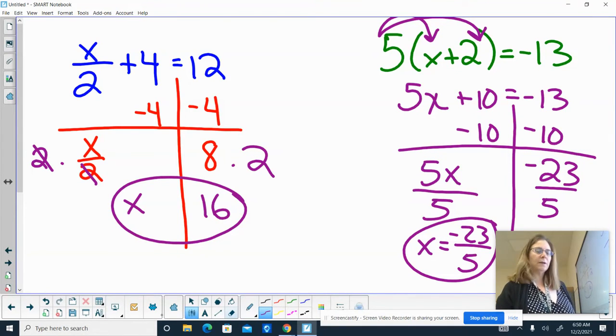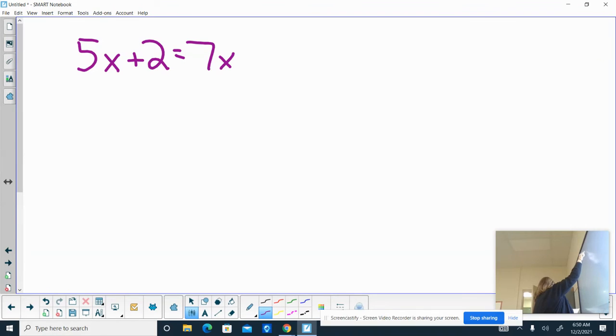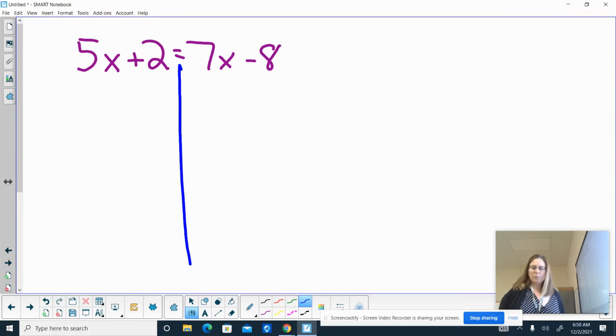All right, now let's take a look at multi-step equations. As you notice, I always put the line down the middle. It helps with the organization, helps me remember that I'm supposed to be doing something on the left of the equation and something on the right.